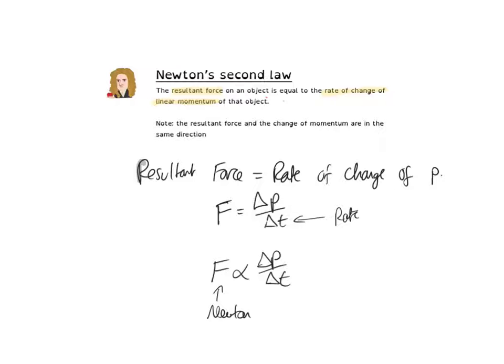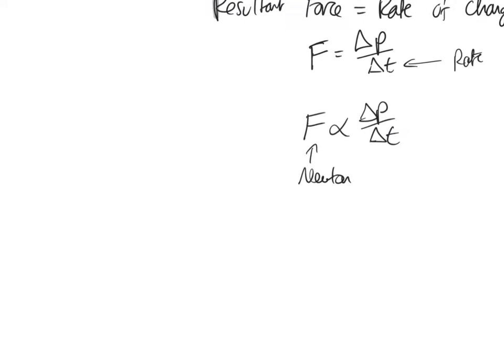Now, this equation is useful in a lot of situations, but a more useful one, for when the mass is constant, is a special case of this equation. We can derive an equation you'll recognise. So F equals the rate of change of momentum.